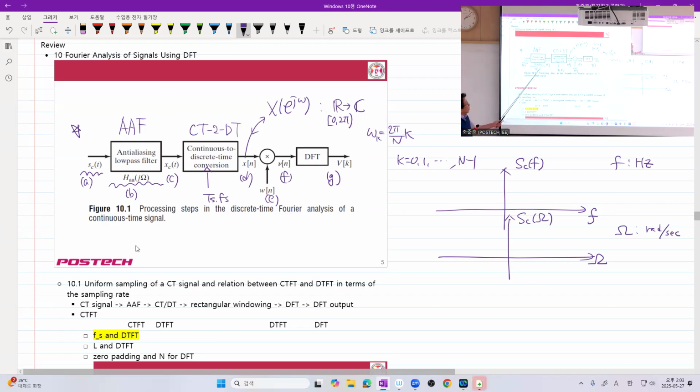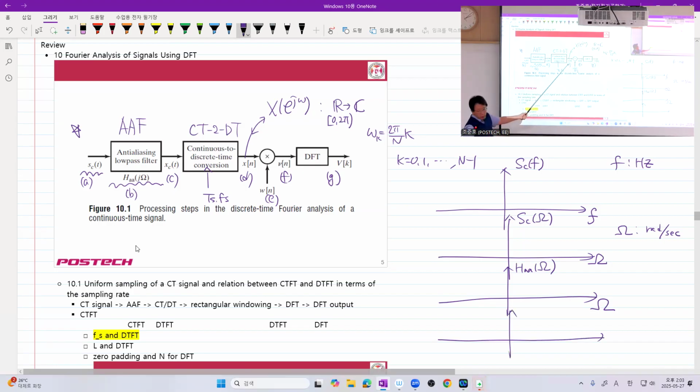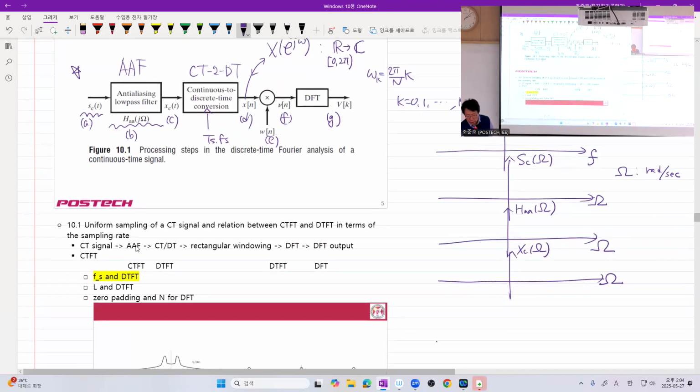And here comes the filter response of the anti-aliasing filter. And here comes the CT to DT converter. And we have Xc of omega.